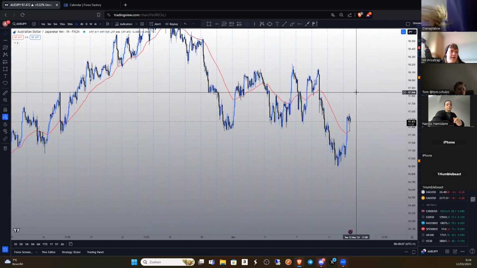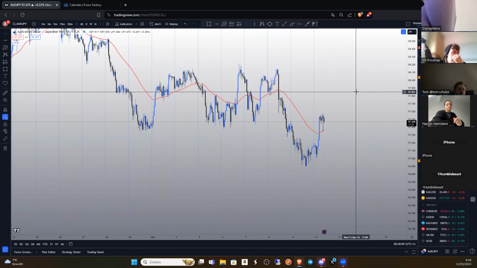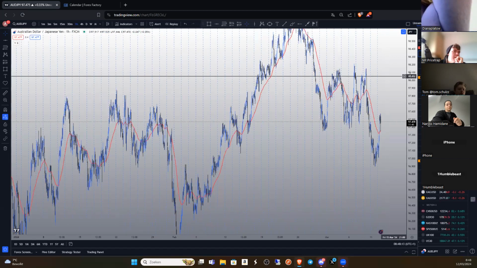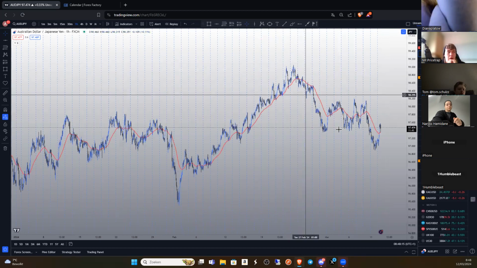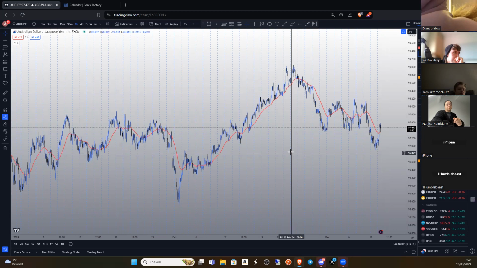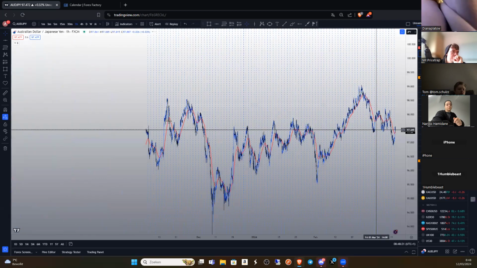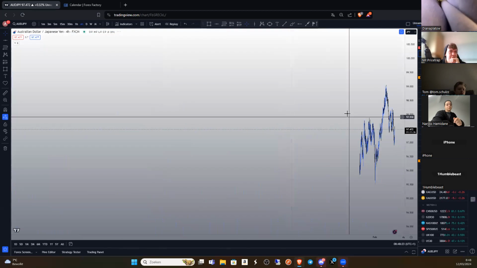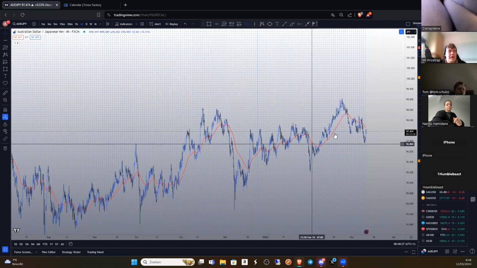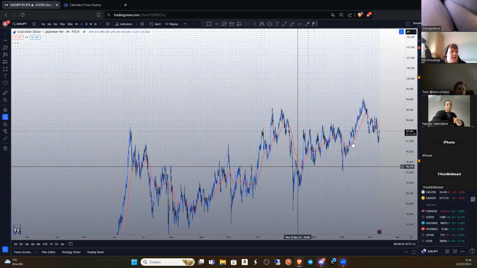Okay, AD JPY, pretty much the same like Euro JPY and USD JPY. We are moving down. We are moving in a downtrend here, but if we watch the higher time frames, like 4 hour, for example, we are moving in a massive uptrend for a long time already.